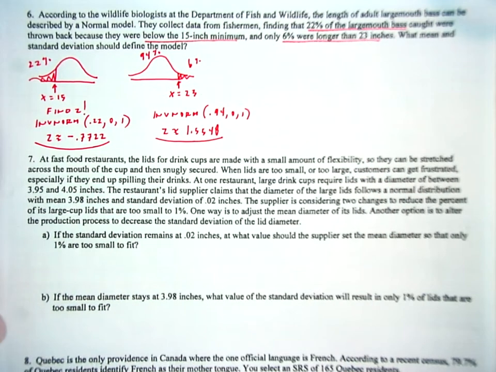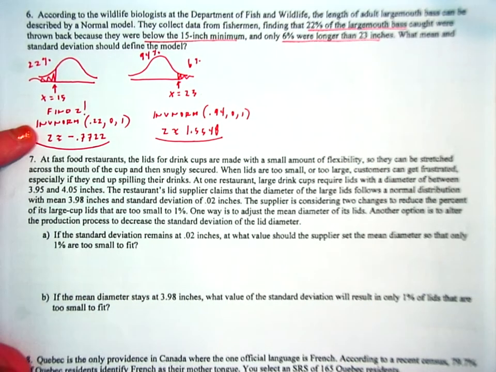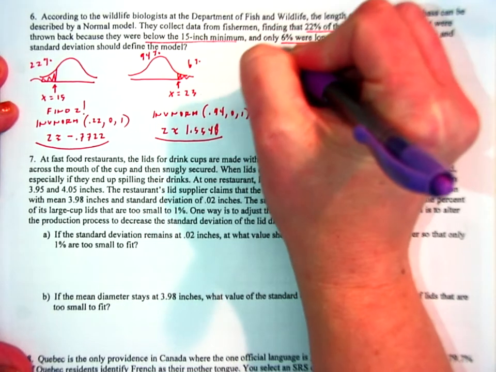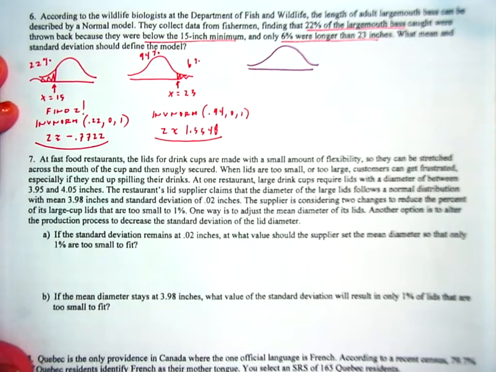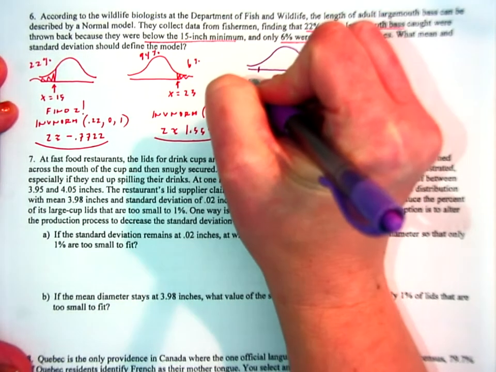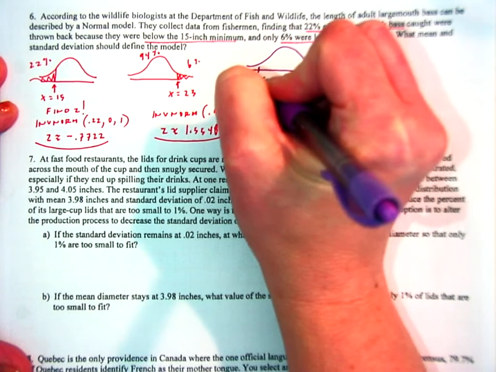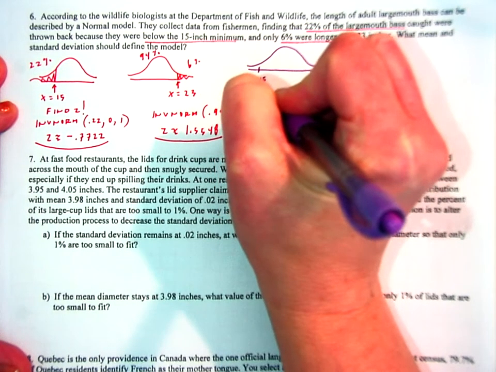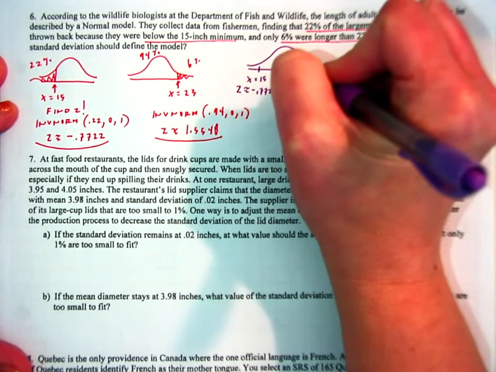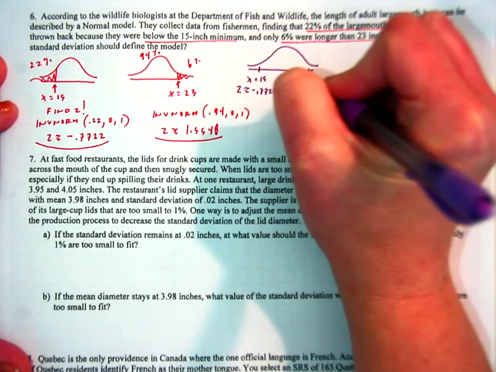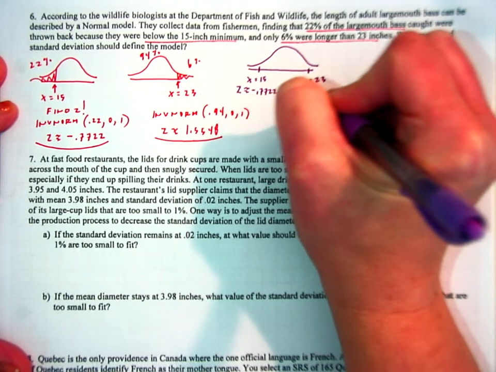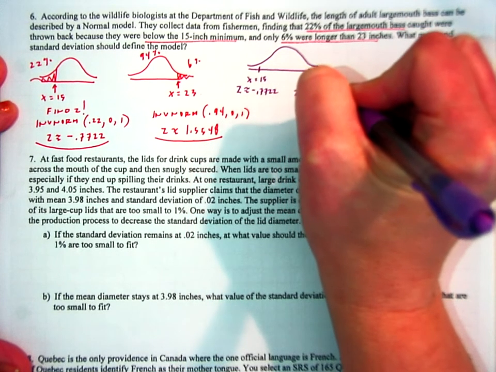Okay, next step, I'm going to take it to my normal curve, put both of those markers on the same normal curve. So over here, x is 15, the z value, negative 0.7722. Over here somewhere, x equals 23, z is about 1.5548.